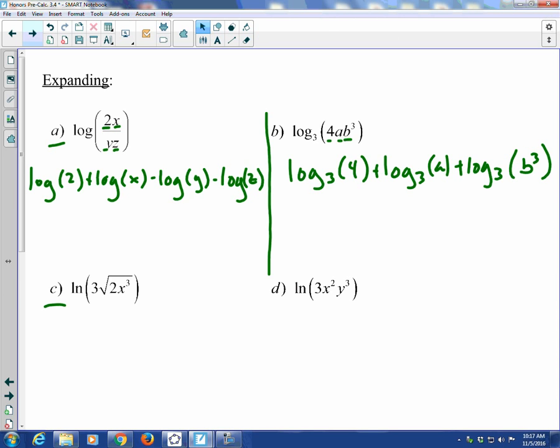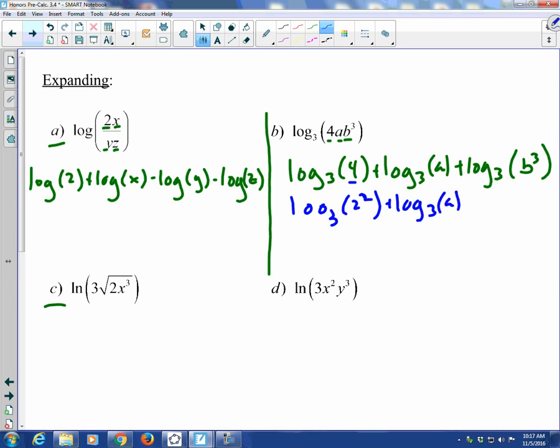Now at this point, we can say that the 4 inside our first log base 3 could be 2 squared. So right here, we're going to say this is log base 3 of 2 squared plus log base 3 of a, and then plus our log base 3 of b cubed.